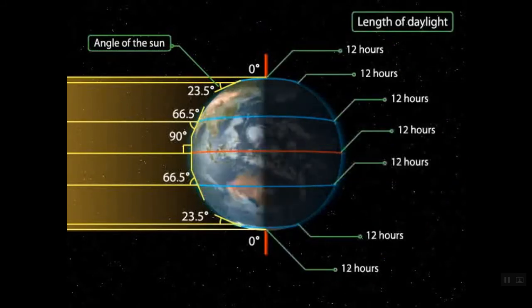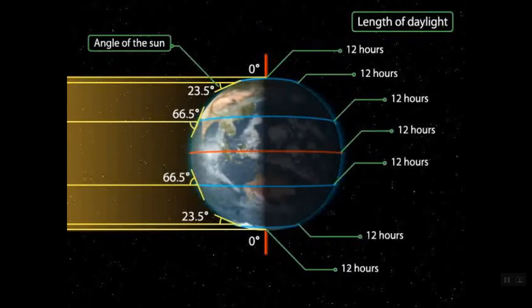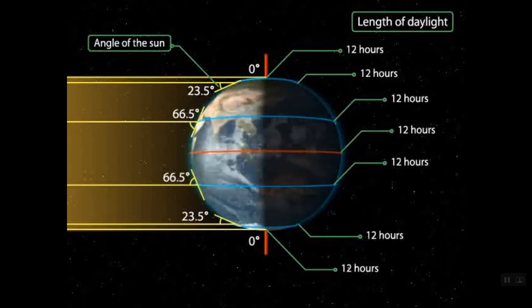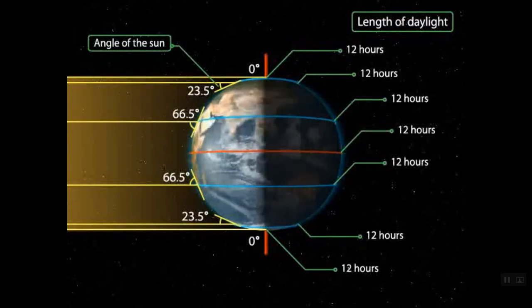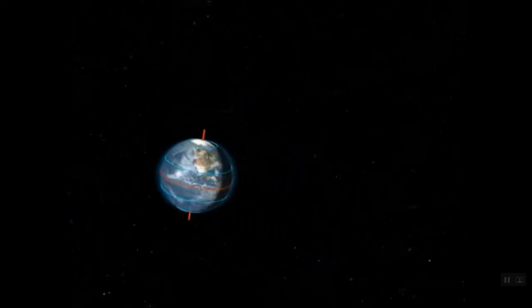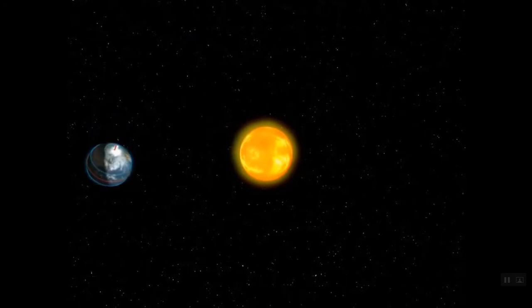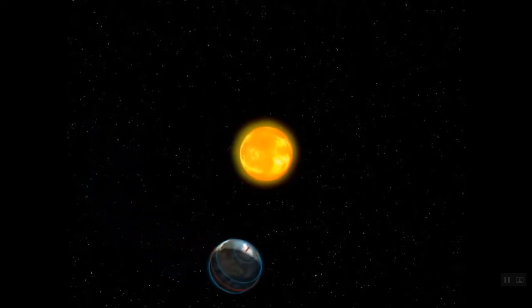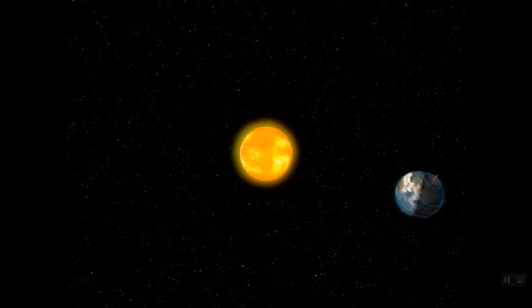On this day, the two hemispheres receive a similar amount of solar radiation, and the length of day and night is the same at all places on the Earth. After this day, it is spring in the northern hemisphere, where the day is longer than the night. In the southern hemisphere, it becomes autumn, when the day is shorter than the night.